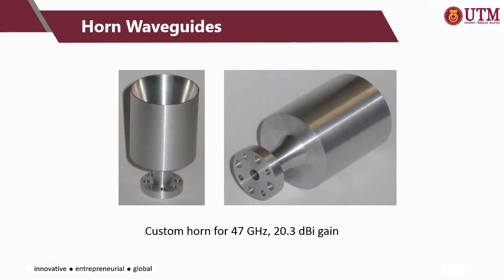So this is another example of a horn waveguide. It is custom made for 47 GHz and it achieved 20.3 dBi gain.